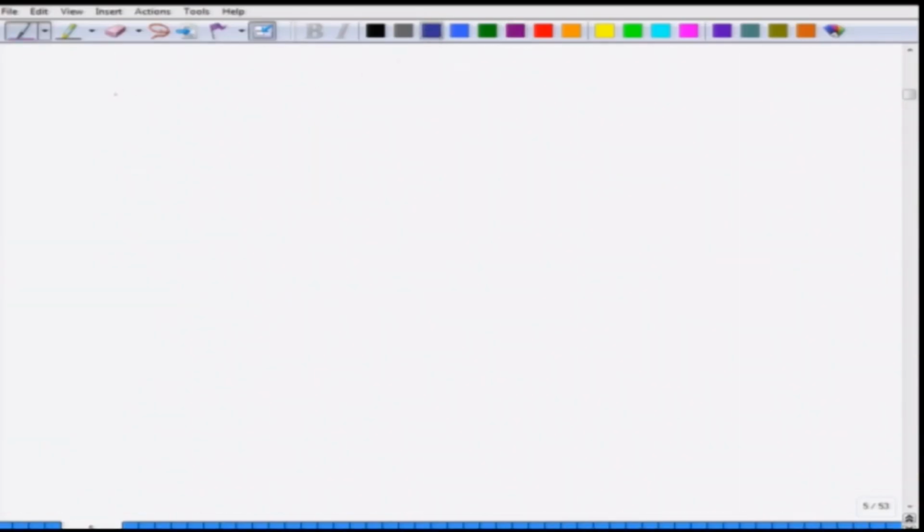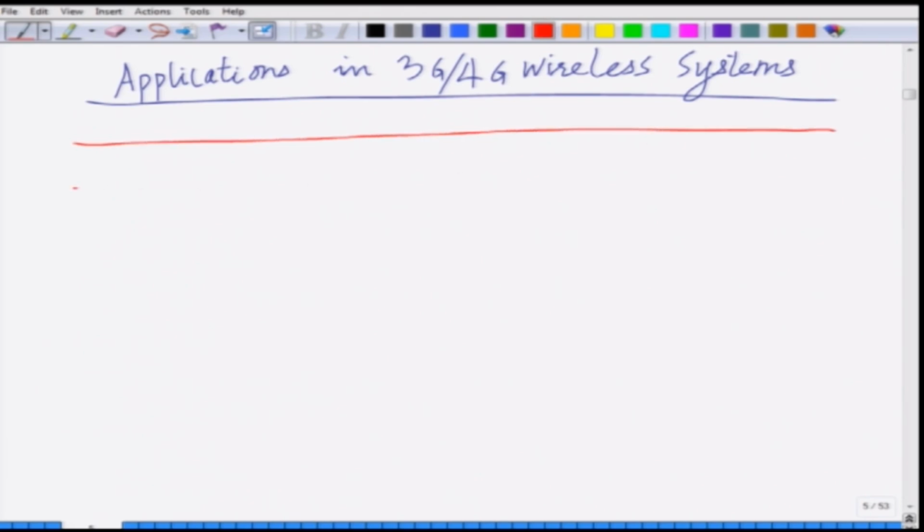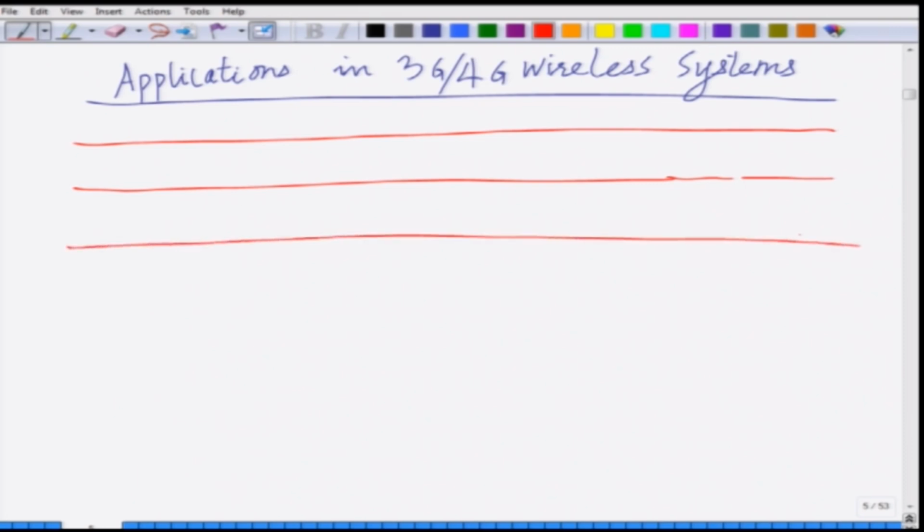So let us briefly look at the evolution of the applications, and how the various applications have evolved from the second generation to the third generation to the fourth generation.